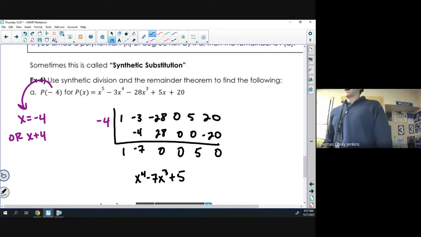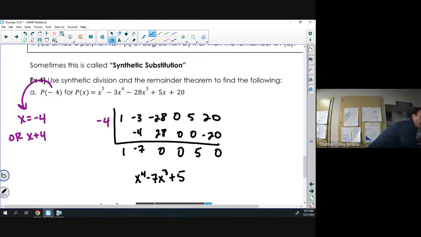All right, so the bottom row should be 1, -7, 0, 0, 5, 0. Anybody have any questions on that part?